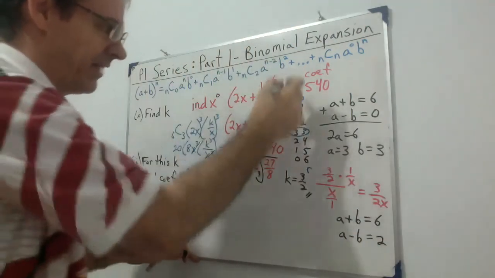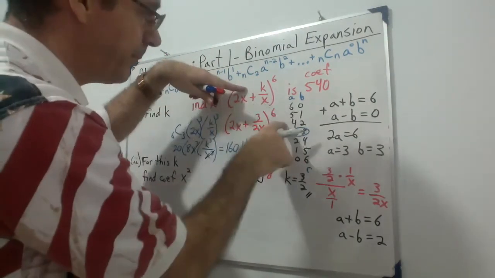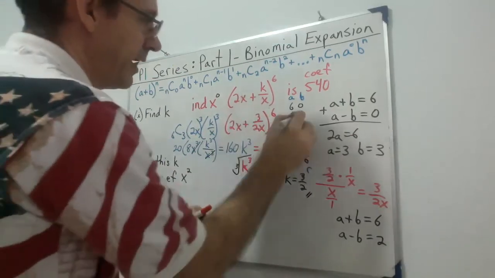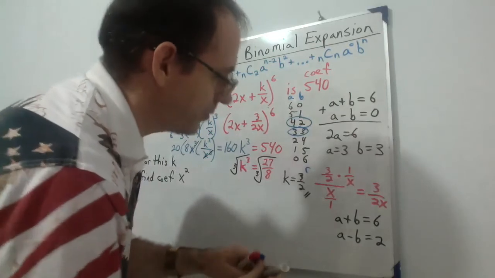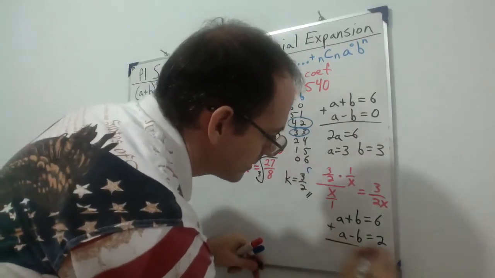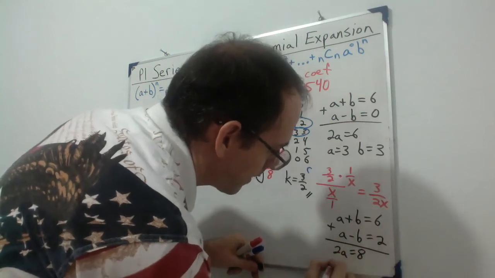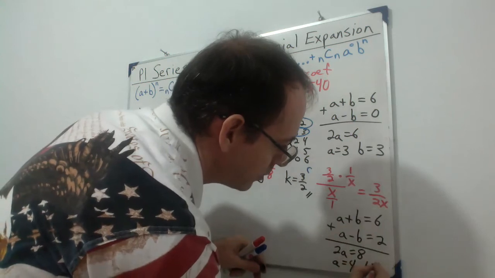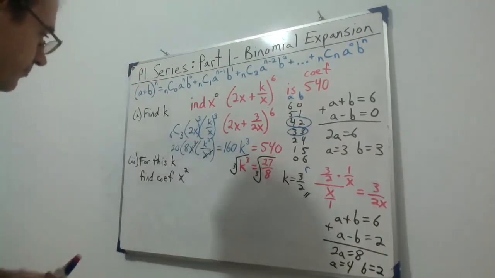If we do it this way, we get 2a equals 8, a equals 4, which means b equals 2. So again, you get 4, 2 either way.